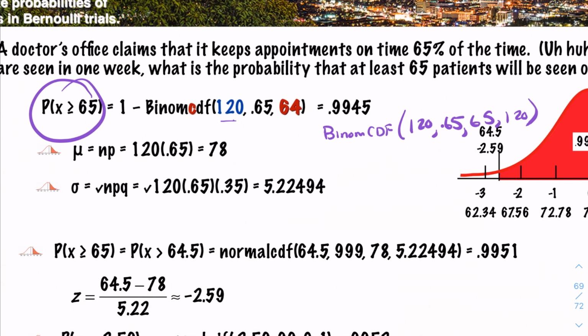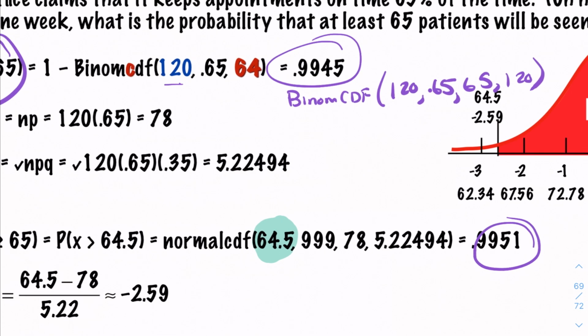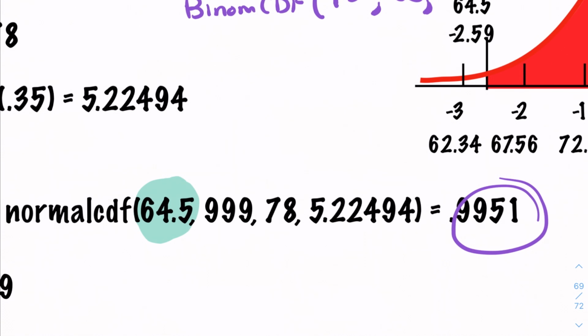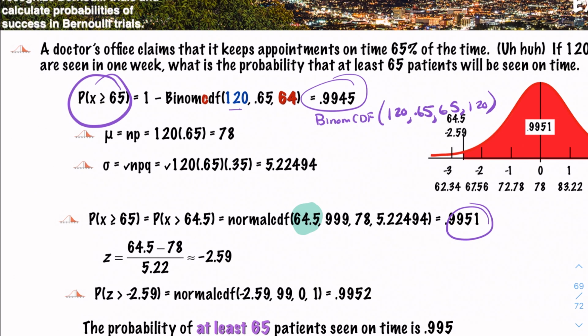And you can do lower bound to upper bound on the TI-Nspire, and you will get 0.9951 or 0.9945. If we do our normal CDF, we need our correction factor. So we include 65, so we go 64.5 to a stupidly large number, with mean and standard deviation, which we get 0.9951. Again, it's an approximation. So the probability of at least 65 patients seen on time is 99.5%.